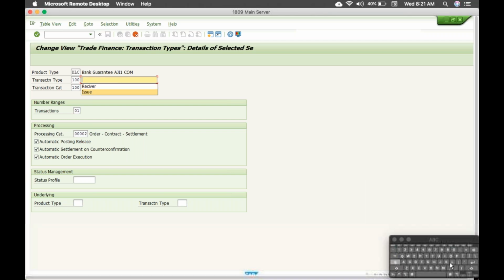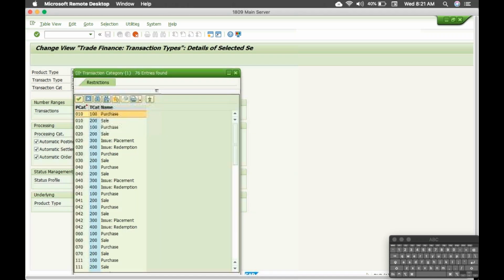Letter of credit. So two transaction types, issue and receive, right? Yes. When is the scenario when we receive the letter of credit? Wait, after this I will explain.